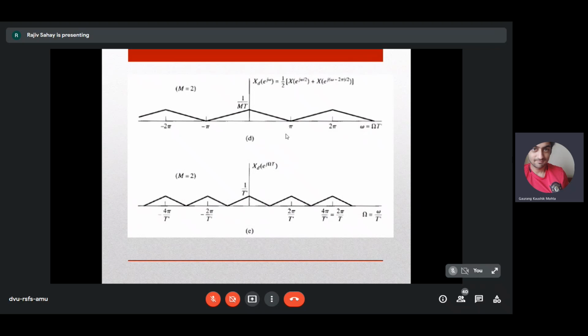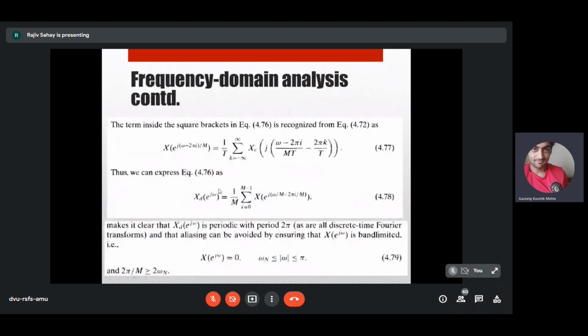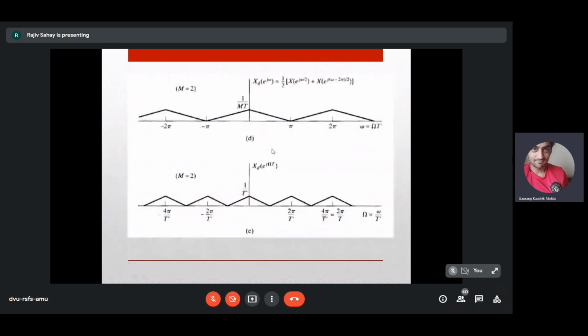In the frequency domain, the bandwidth expands. So x_d e to the power j omega can now be written like this, by using this formula. It will be 1 by 2 summation I equal to 0 to 1, that is 0 to 2 minus 1, x e to the power j omega divided by m minus 2 pi I divided by m, with m equal to 2. So if you use this formula, then you get this.